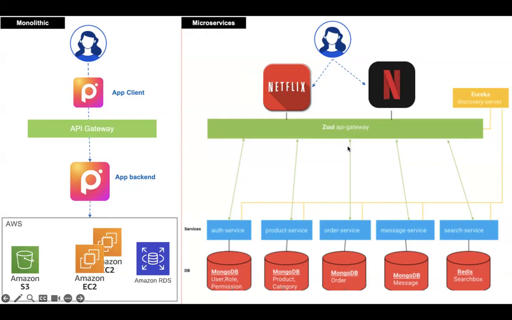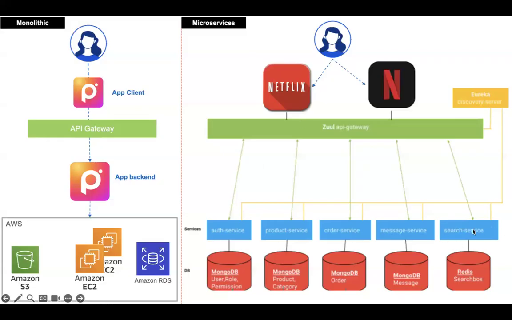On the right-hand side, you can see the microservices architecture, where the front end, either the mobile app, the web app, or an app on a TV device, is connecting to the cloud. But in the cloud, there are a multitude of microservices running instead of a single monolithic app, and each microservice provides some functionality. For example, the auth service provides the login functionality for users.